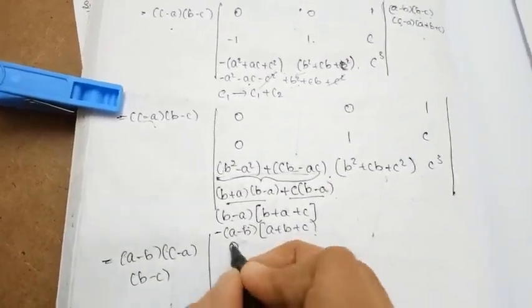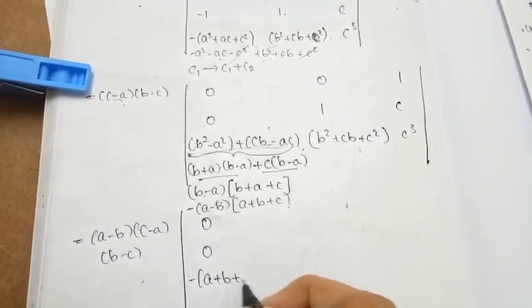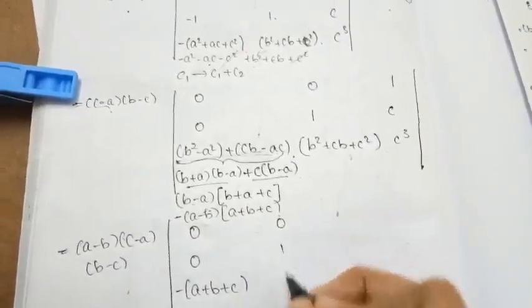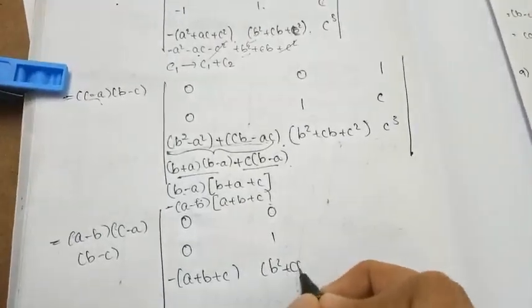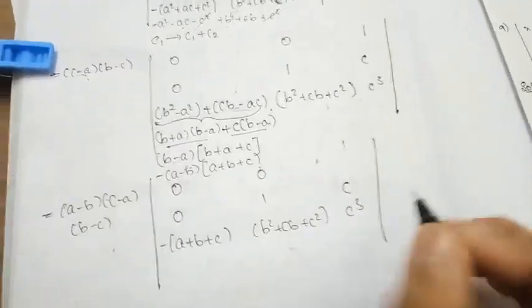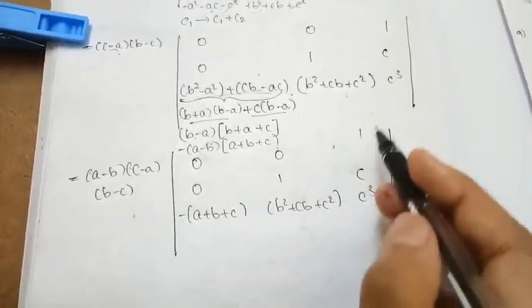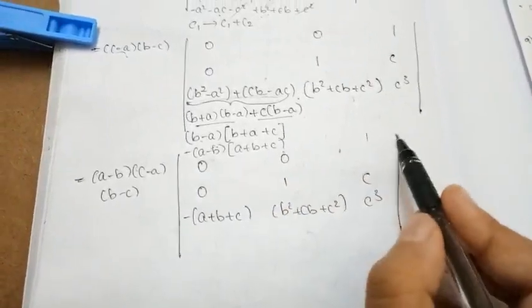What remains in the first column now? 0, 0, minus of a plus b plus c, 0, 1, b square plus cb plus c square, 1, c, c cube.